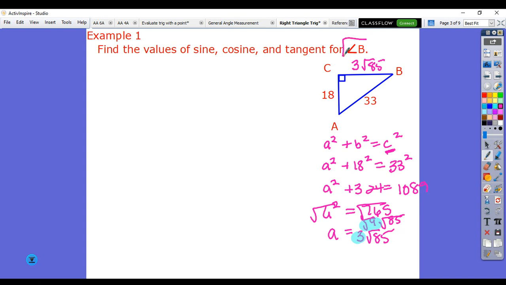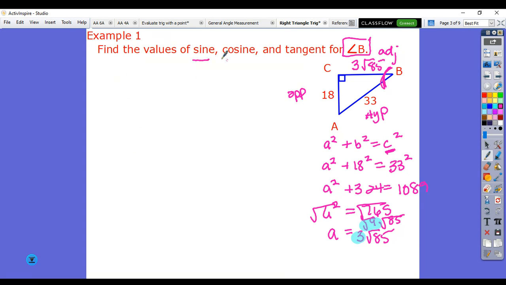Now, they want us to find for angle B. So the next thing I'm going to do is mark the angle that they want me to find. And I go straight across from that angle. I'm going to label that the opposite. The hypotenuse is always across from the right angle, and the other side is the adjacent.